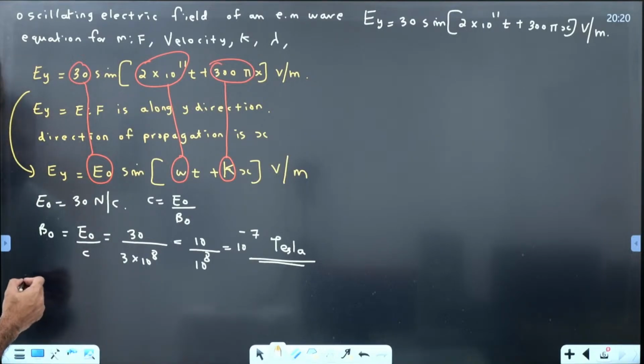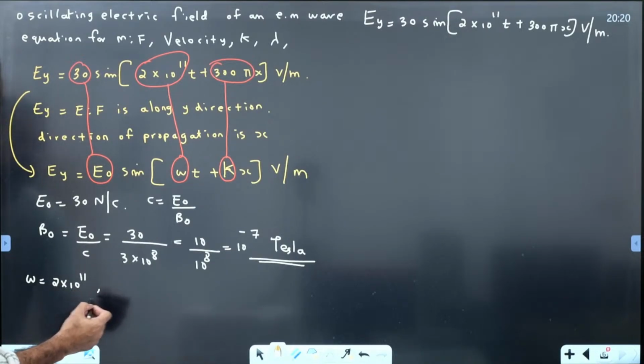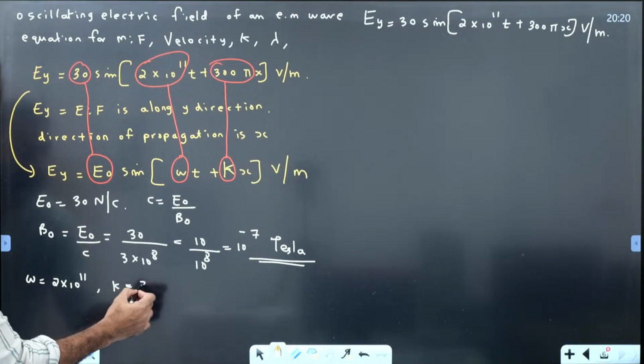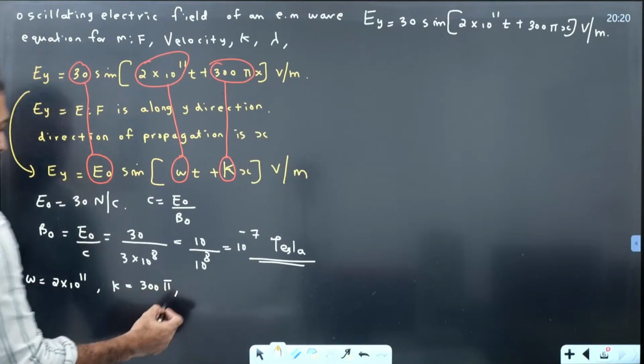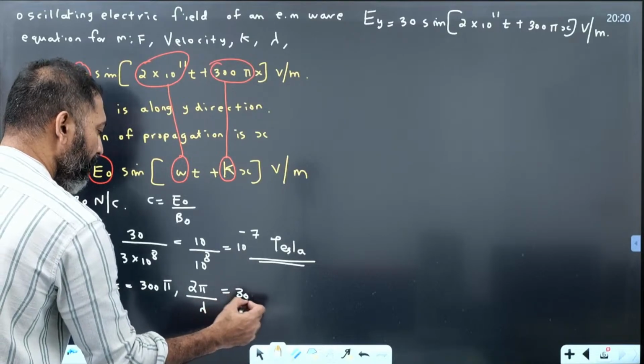And omega will be 2 into 10 raised to 11. Then k is 300 pi. So, k is 2 pi by lambda, equal to 300 pi.